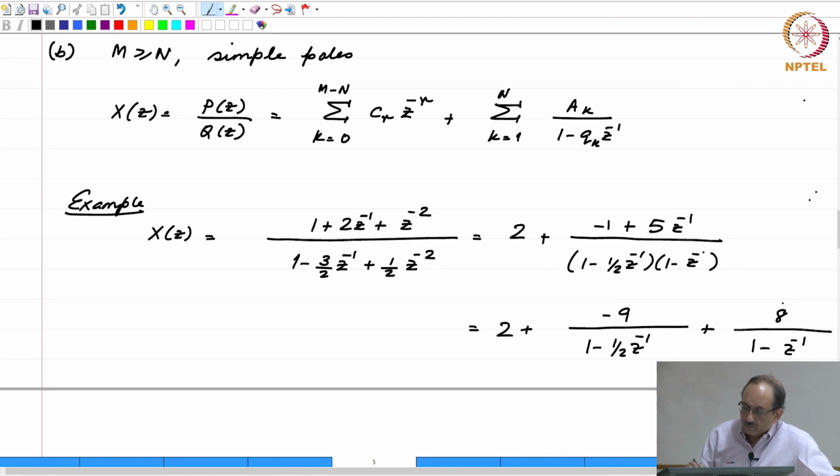And again as before, to proceed from this step to the next in finding the inverse Z transform, you need ROC information. Again, since the denominator is the same, you have 3 possibilities for the ROC: mod Z less than half, between half and 1, and greater than 1. So, this is pretty straightforward here.